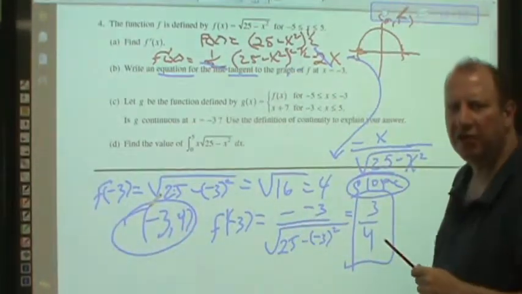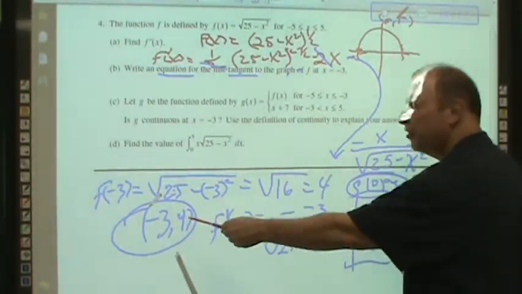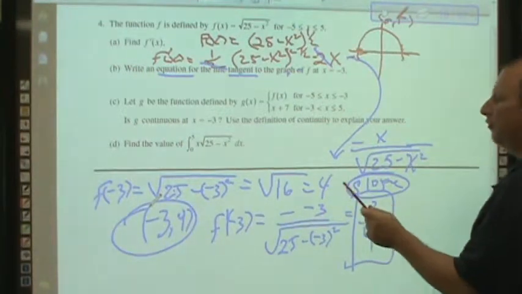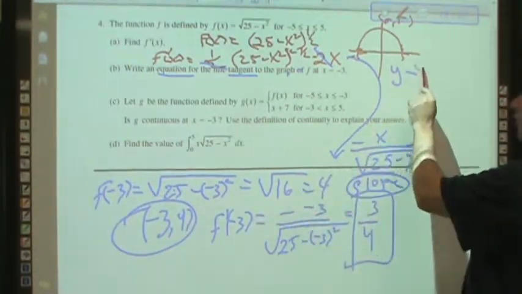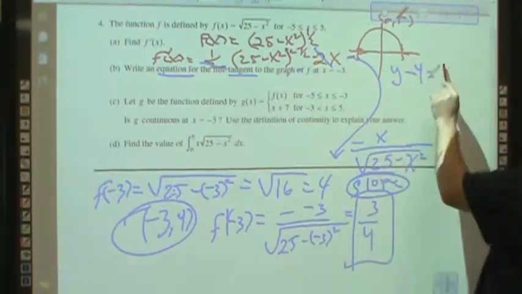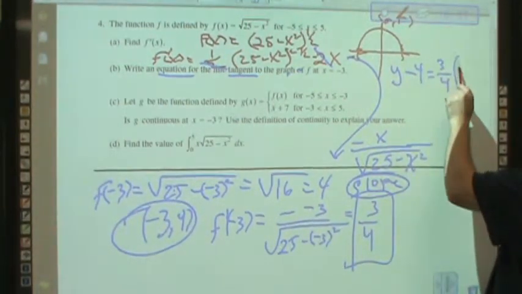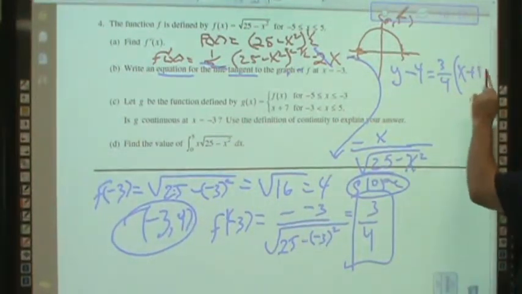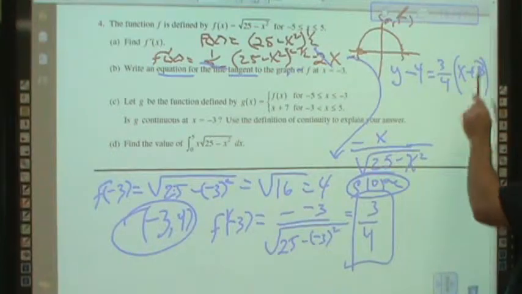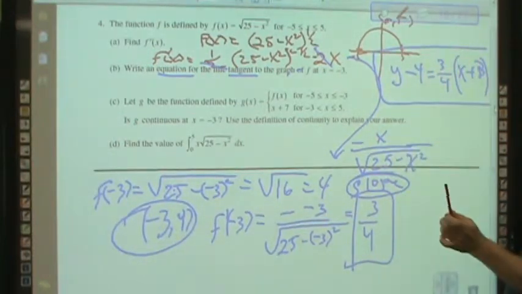So we need to write an equation with slope 3/4 that goes through negative 3, comma 4. So y minus 4 is equal to 3/4 times x minus negative 3, which is x plus 3, and there's your answer. That's it.